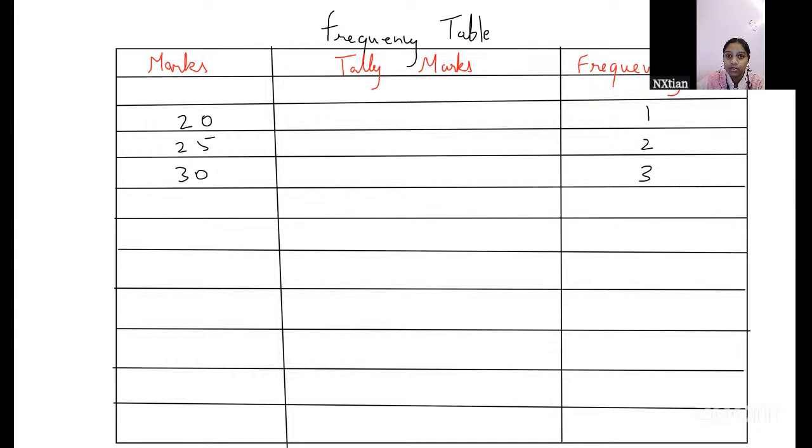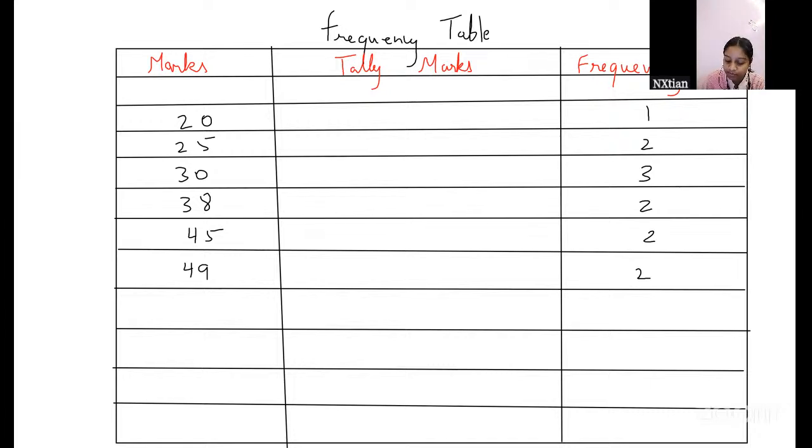Then we have 38, two times. Then 45, again twice. Then 49, again twice.